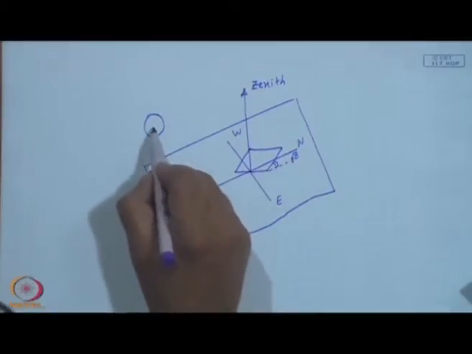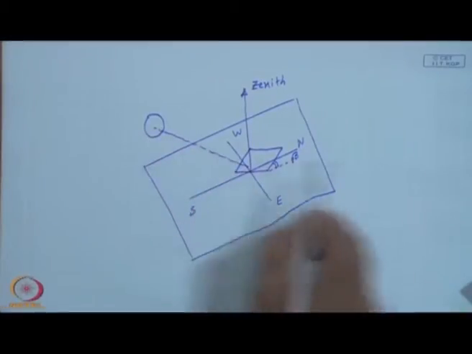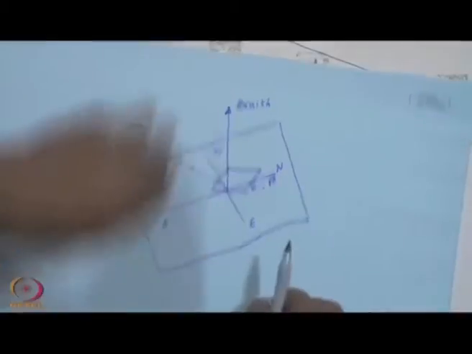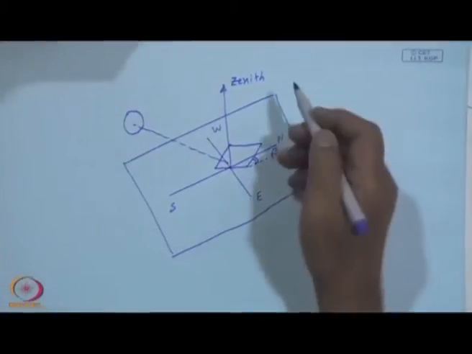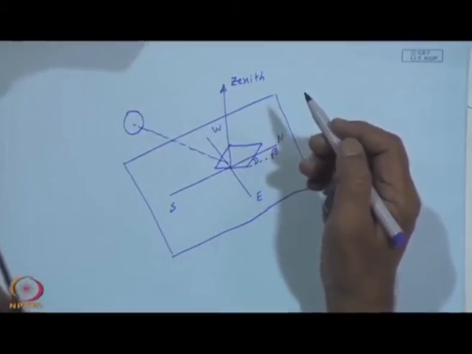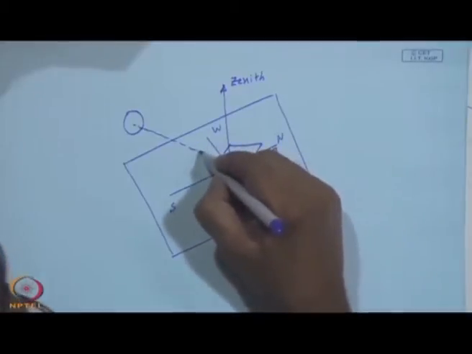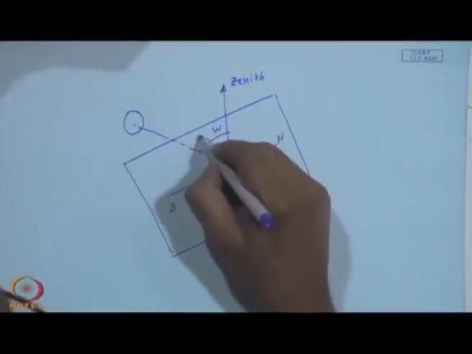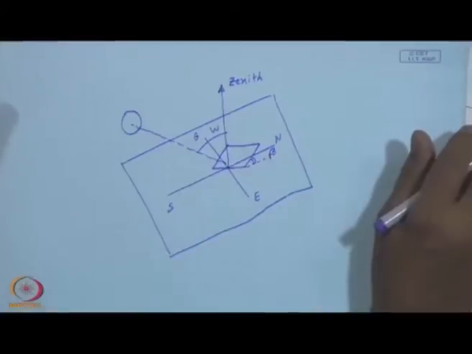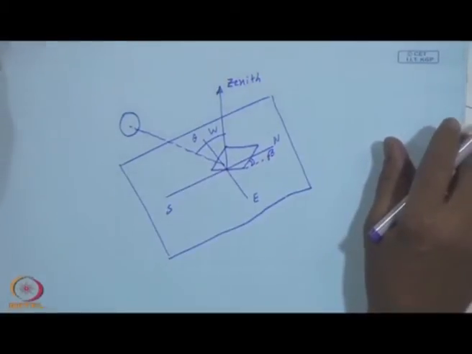and if this is the sun's ray, the angle is, this should be theta, angle of incidence. Okay?